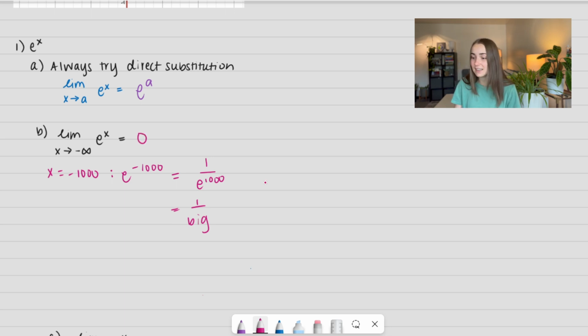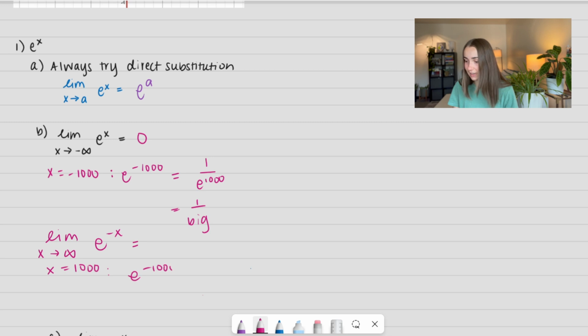I want us to see it in a different way, so let's take the limit as x approaches positive infinity, but I'm going to change my function to e to the negative x. So I'm going to plug in another value. Let's plug in x is equal to positive 1,000. When I plug that in, I get e to the negative 1,000 again, and I can see I get the same value, 1 over e to the 1,000, which is just 1 over big.